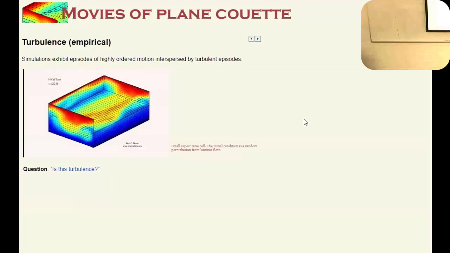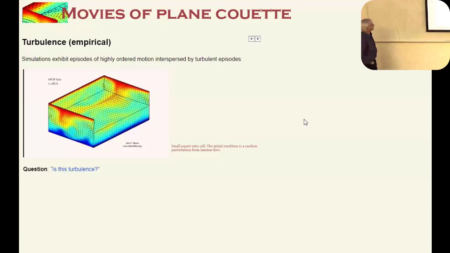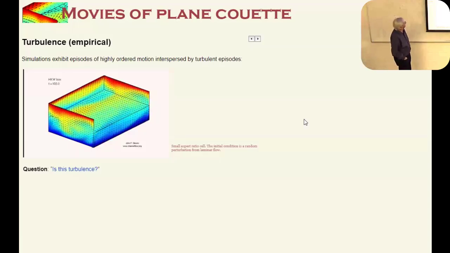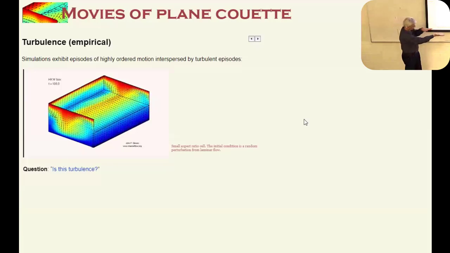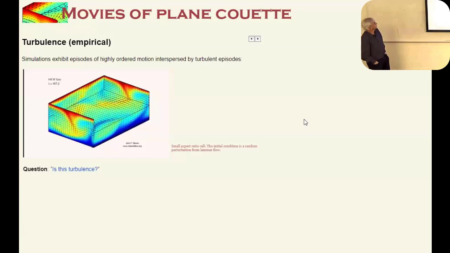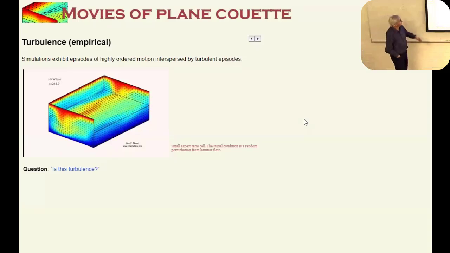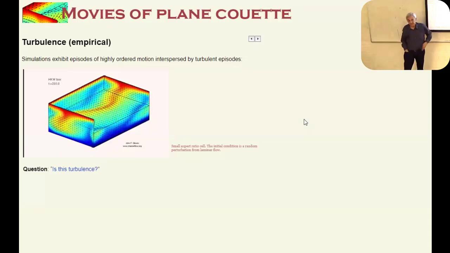So this is sort of a small volume cell rather than the big one I showed you. And what you observe is that there is some critical value of velocity of the top and bottom sheet, relative to the frame, beyond which the fluid does something.